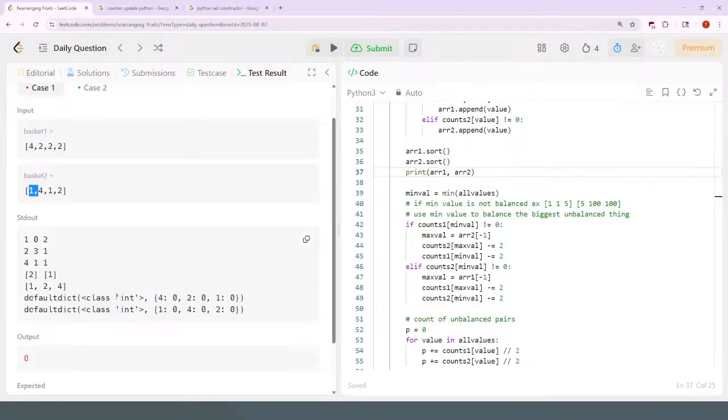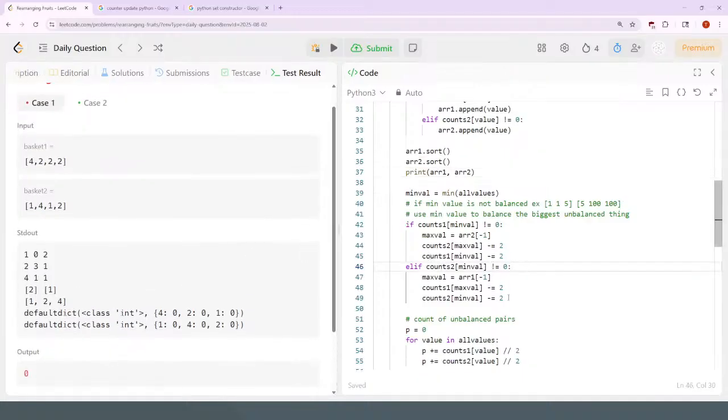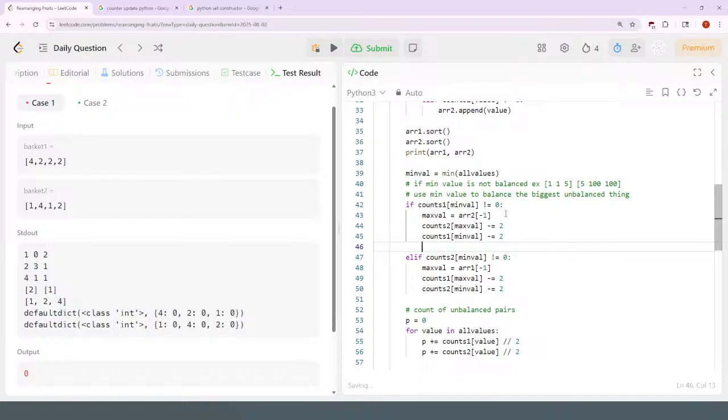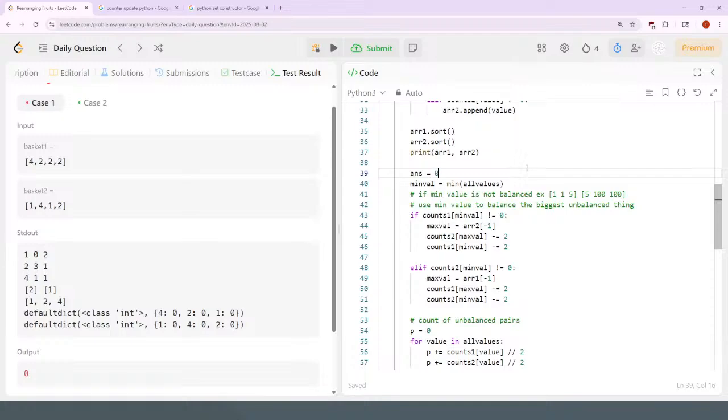Ah, it is in fact 0. Oh, I forgot to include the answer as part of this when I did the swap. The answer should be initialized to 0, and answer should increment by whatever the min value is here.